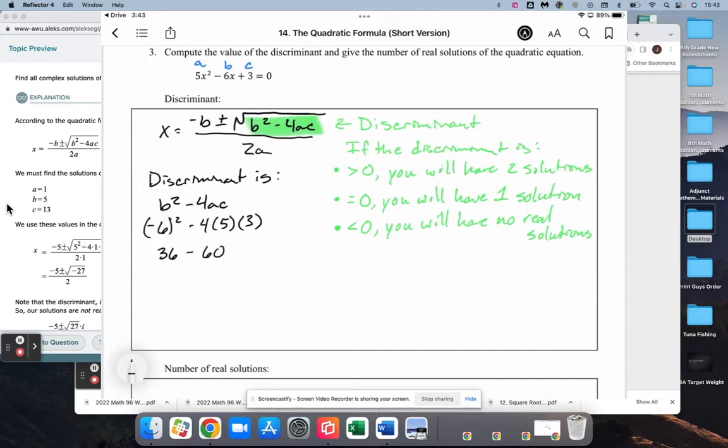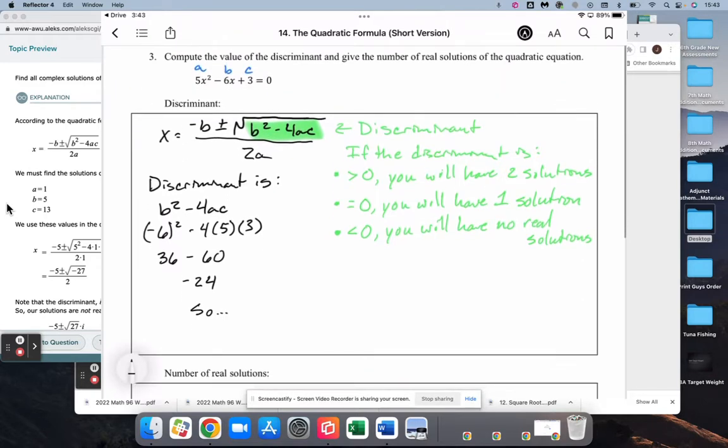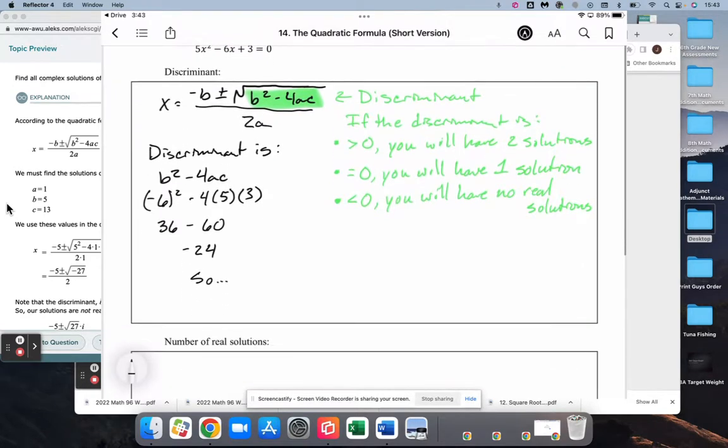The discriminant is negative 24. So if we go back to our rules that I wrote in green there, the discriminant is less than 0, so there will be no real solutions.